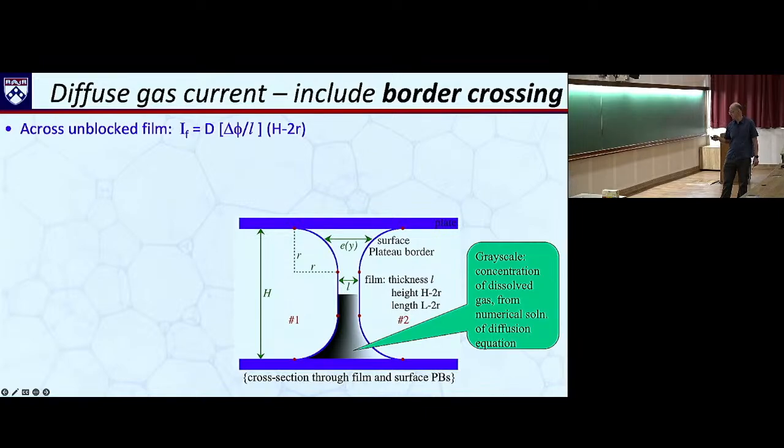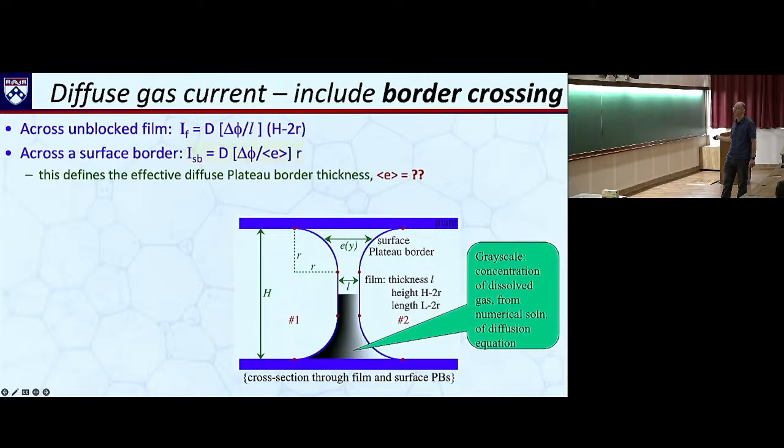We can do the same thing for the flux across the surface plateau borders. How much gas crosses this region here? What we'll argue is that in the end, it will be set by this height here and an effective diffusive thickness of the plateau borders, E, the average E. What is the average thickness of the plateau borders that controls the flux? So we'll just write the flux this way. That defines the diffusive thickness. So this is a definition, if you will, of the average thickness.